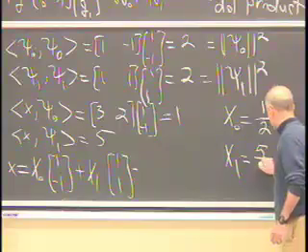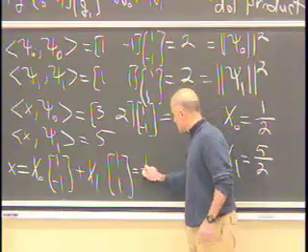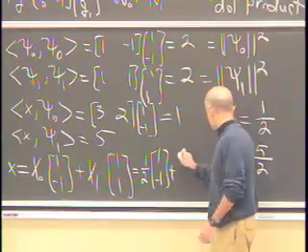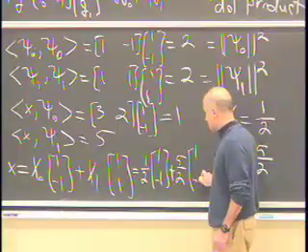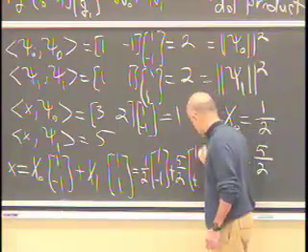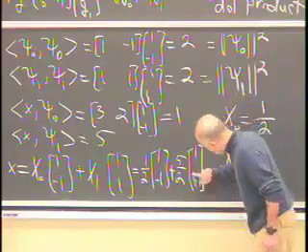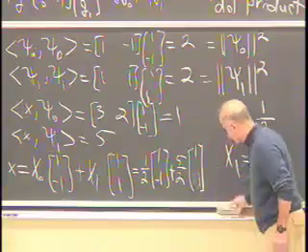I went on cruise control there for a minute. So I've got 1/2 of 1, 1, plus 5/2 of 1, negative 1, or 1/2 of 1, 1 minus 5/2 of 1, 1.